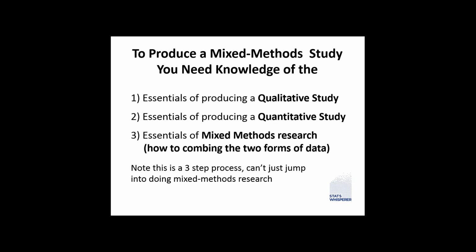Then you need to know the essentials of mixed methods research, like how to combine the two. It's rather like the Reese's peanut butter cup. You have to know how to make the chocolate, you have to make the peanut butter, you have to know how to combine them, right? You can't just jump right into mixed methods research, right?